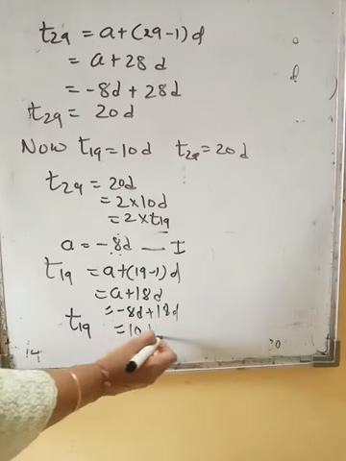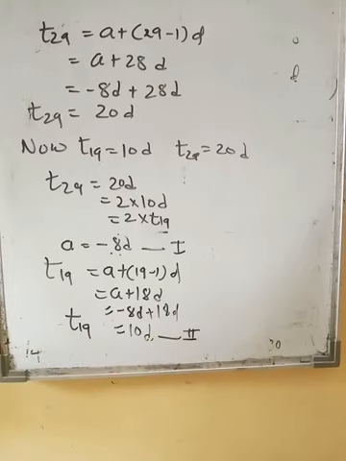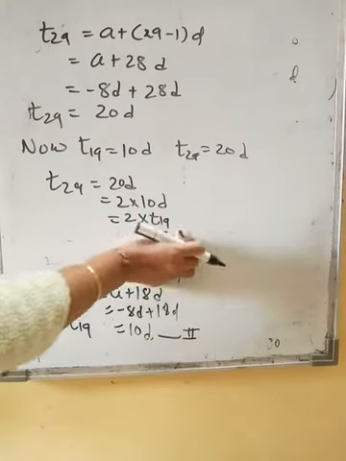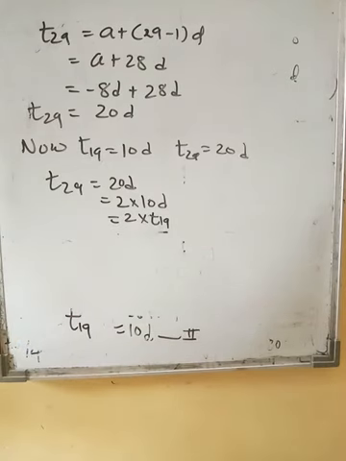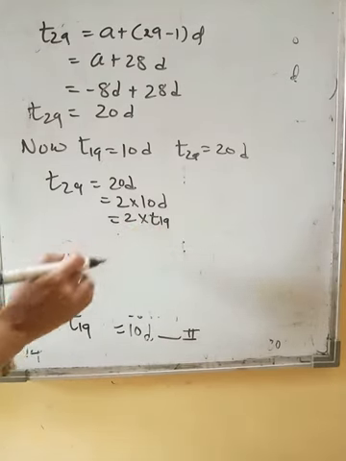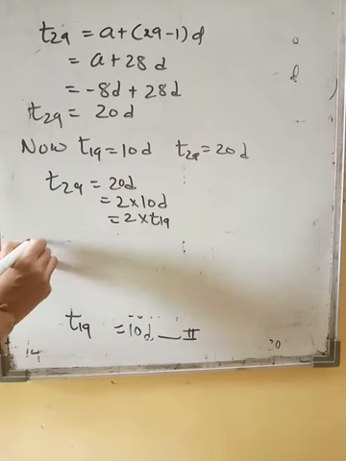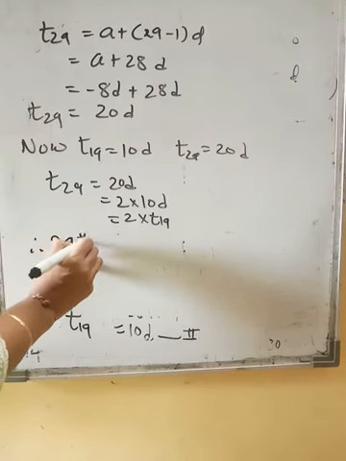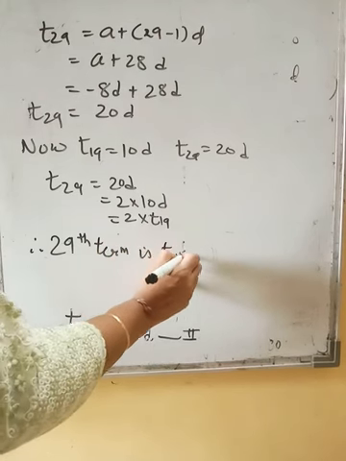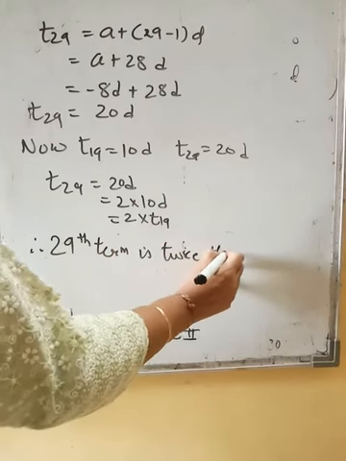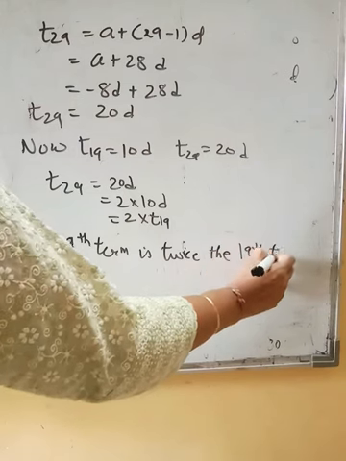Okay, so where you have written T19 is equal to 10D, write that as 2. So therefore the 29th term is twice the 19th term.